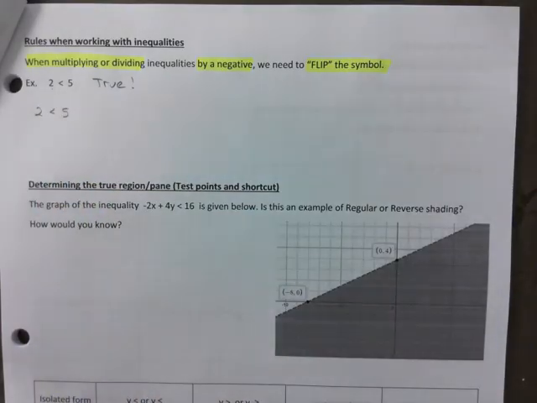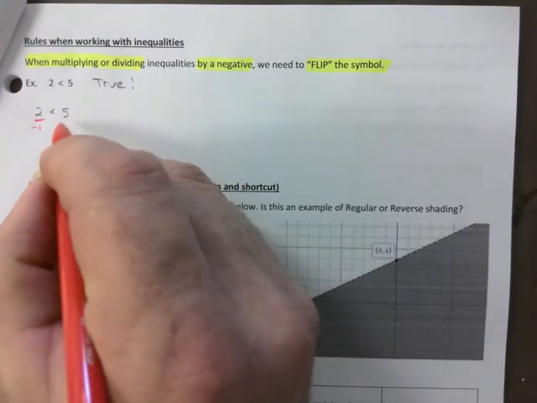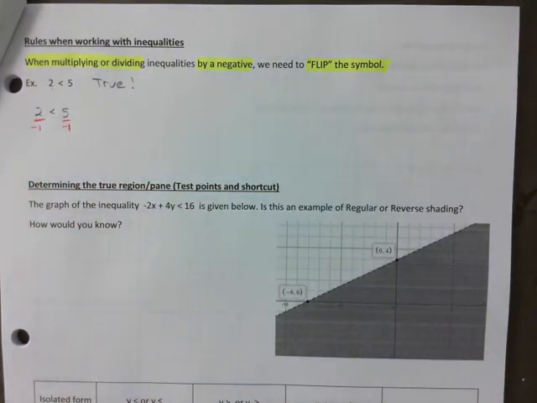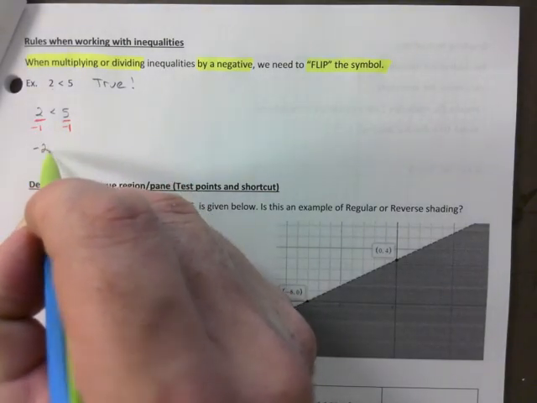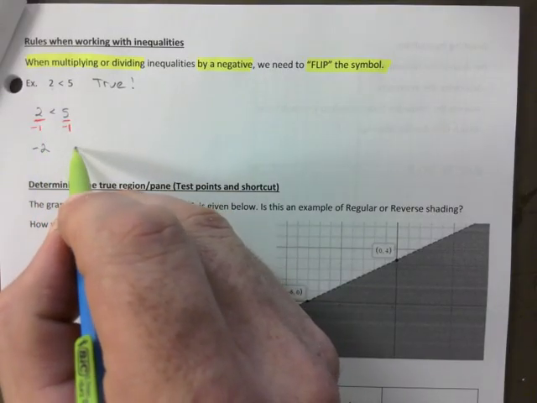Let's do that. I'm going to use a different color. Let's just assume we're going to divide this side by -1 and the other side by -1. 2 divided by -1 is -2. 5 divided by -1 is -5.